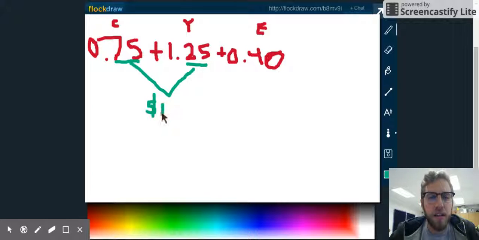And if that's $1 there, and we also have this other dollar that we need to include, we're adding that other dollar too. So far we've made a total of $2. And here's the nice thing about this problem.